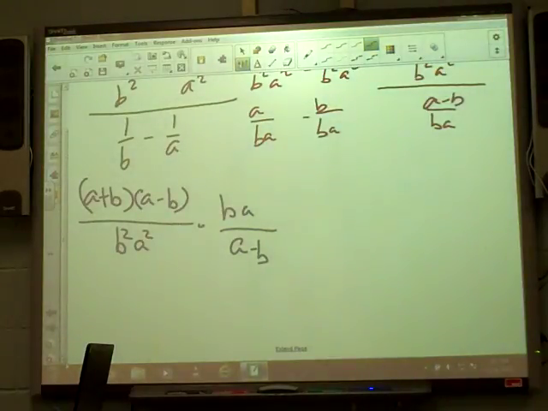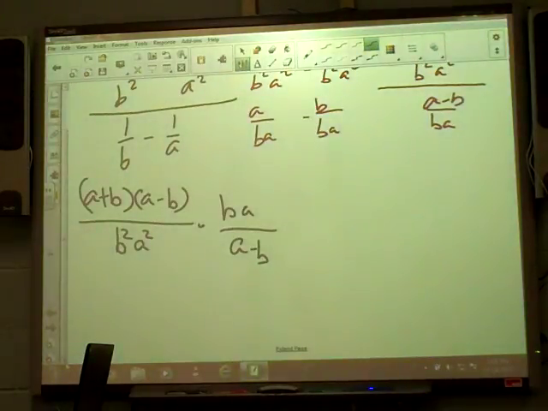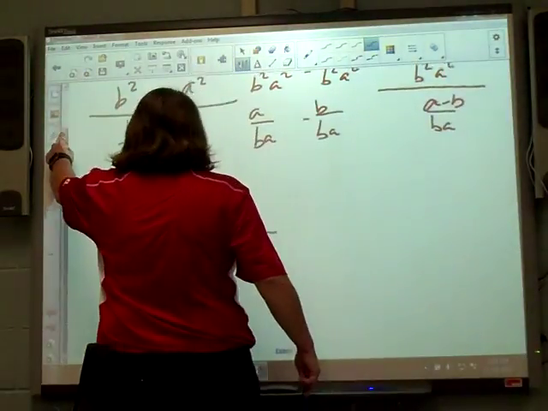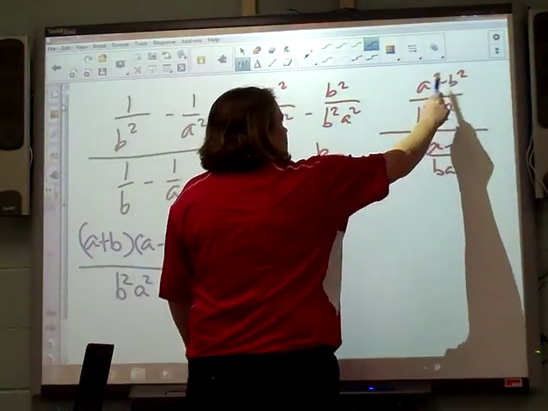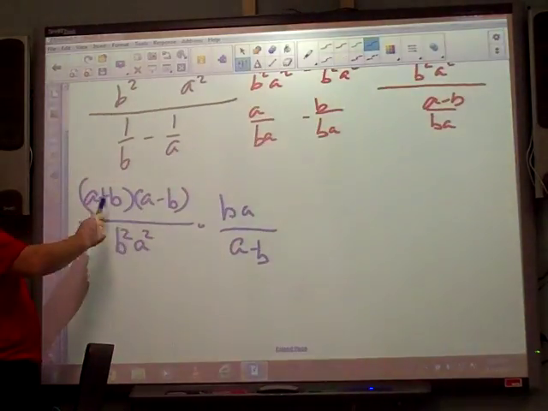What did I do that caused y'all to erase? Yep, that a squared minus b squared can factor, can't it? So right here, it was up there at the top. This a squared minus b squared is the same as (a plus b)(a minus b).